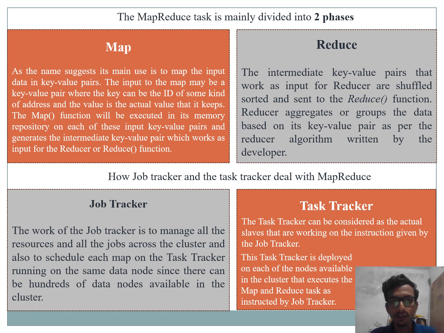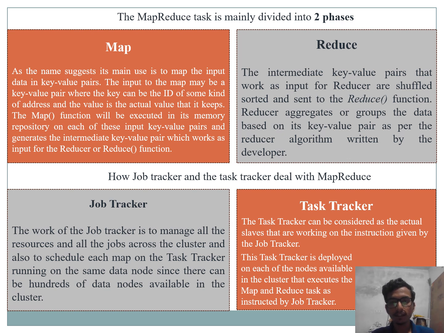Then the next phase is the reduce phase, which comes with two subcomponents, that is shuffle and then reduce. Shuffle means we gather similar data from the different chunks, shuffle them, and arrange them in a single block. So that is the reduce phase.